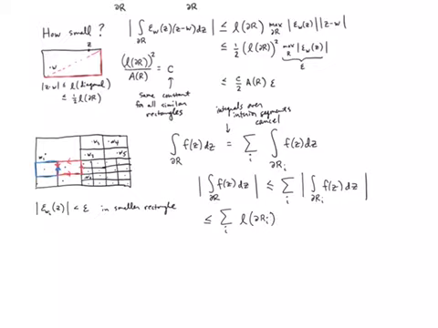Oh, sorry. This f of z, remember you can replace with epsilon sub w_i of z times z minus w_i, just as we did above.